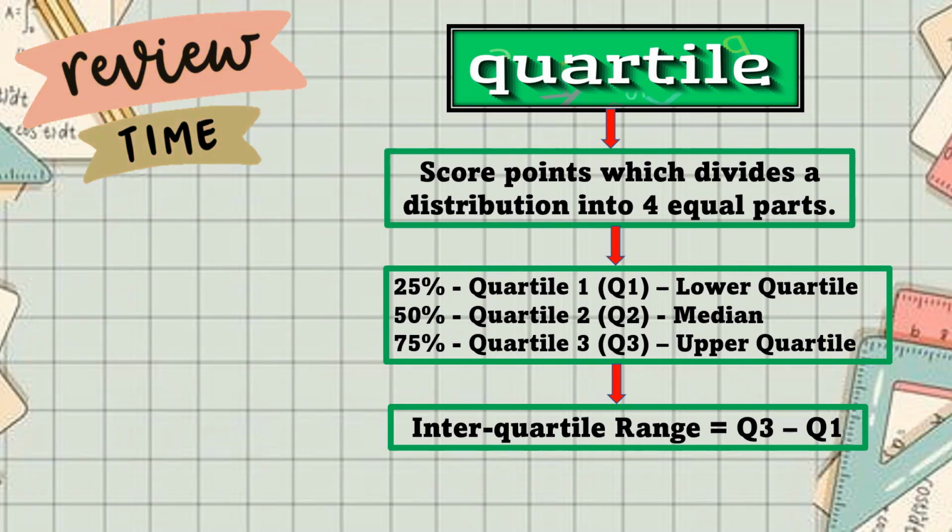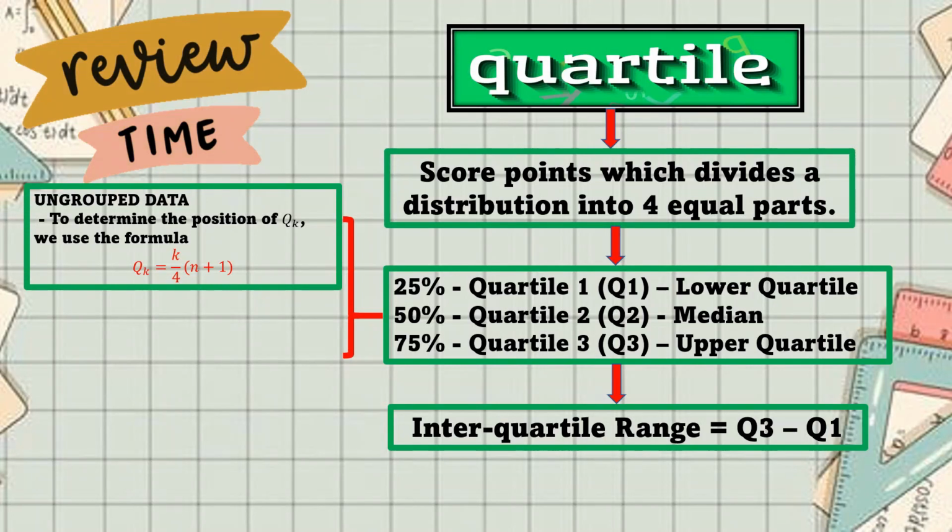In finding the quartiles for ungrouped data, we use the formula Q sub k is equal to k divided by 4 times n plus 1 to determine the position of your Q sub k.